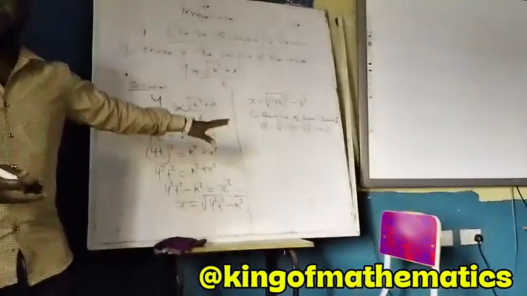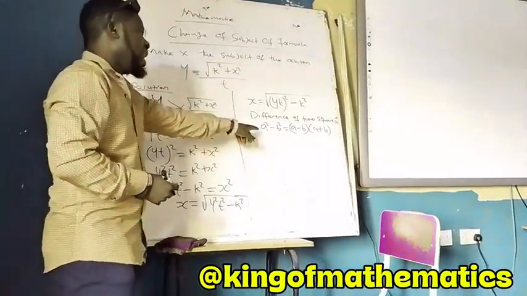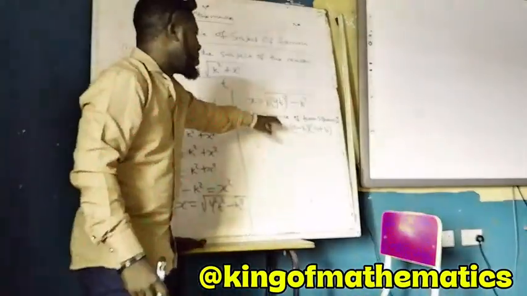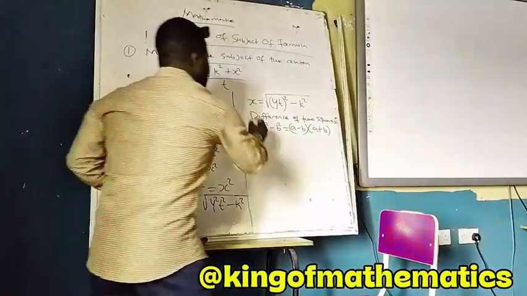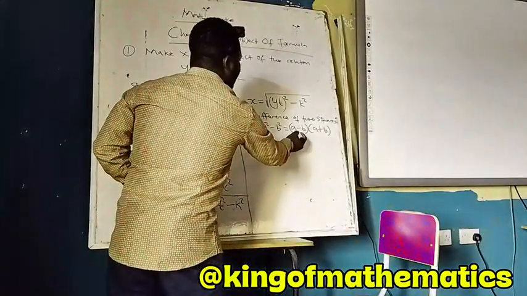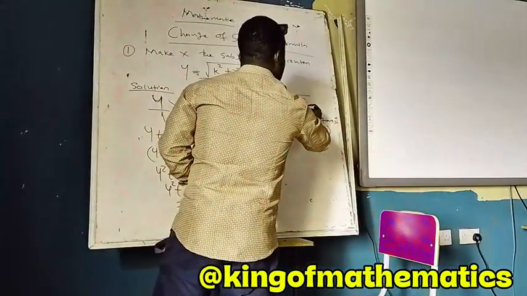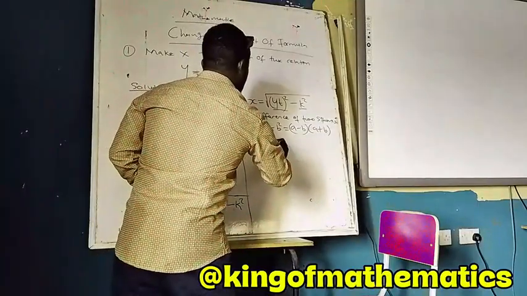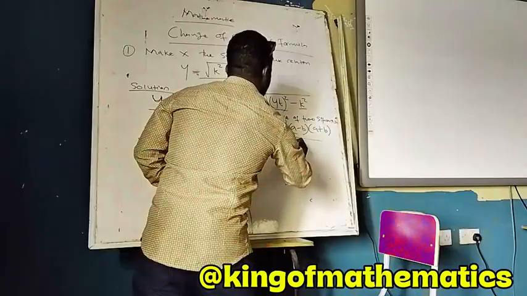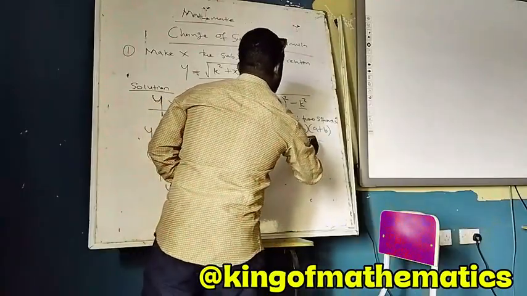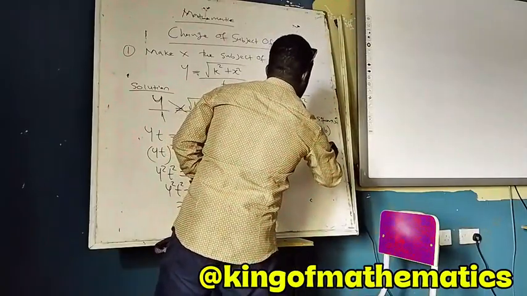Can we still remember? Yeah. Alright, so that's what you are going to have. So they can write the answer in terms of difference of two squares. That means our a here is going to be yt. Our b here will be what? k. So that's x equals the square root of yt minus k into bracket yt plus k.